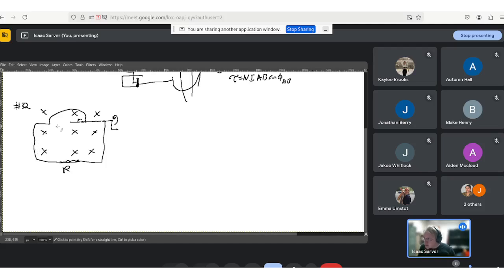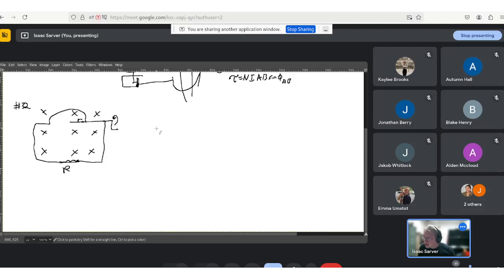Alright, starting in this position here, on top, and then rotating. The semicircular piece of wire rotates through half a revolution in the direction shown, towards us.